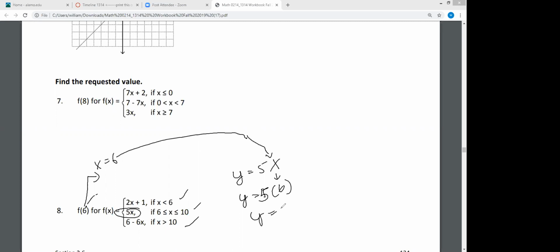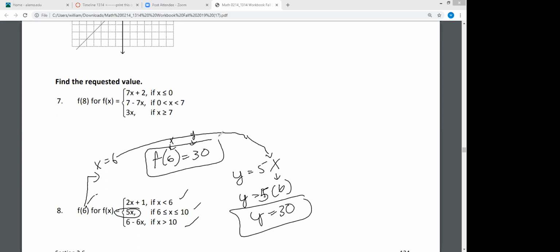So y equals 5 times 6 is 30. The answer, f(6), when x is 6, y is 30. So piecewise function, only one of them is going to be correct. For each number, only one of these piecewise functions is correct.